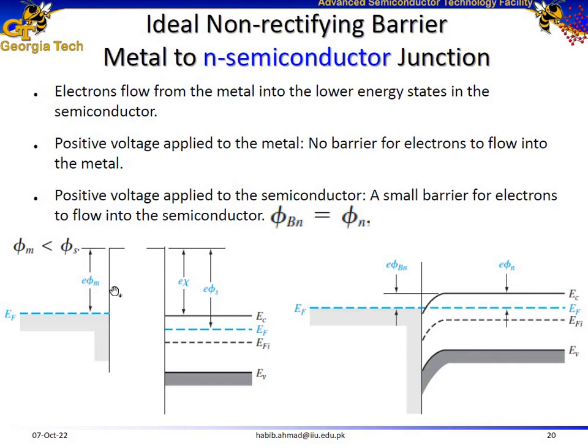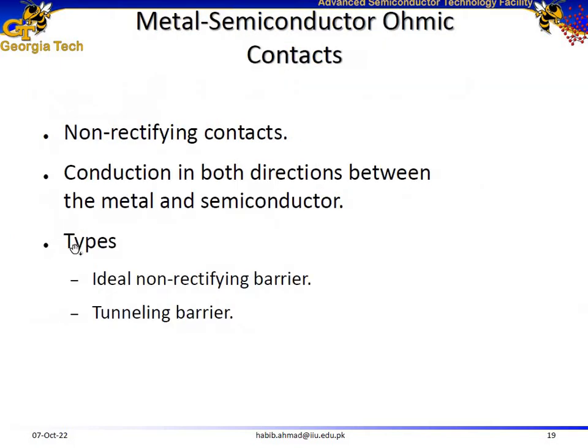Now, previously, for a rectifying contact or for a Schottky contact, if this is your n-type semiconductor material, let us go back to the previous slide. What is the condition for metal work function versus the semiconductor work function for a rectifying contact?